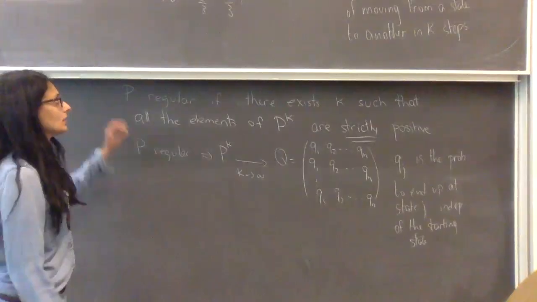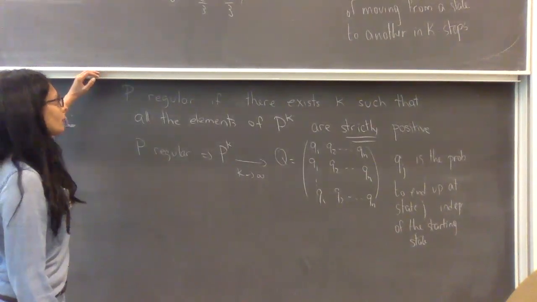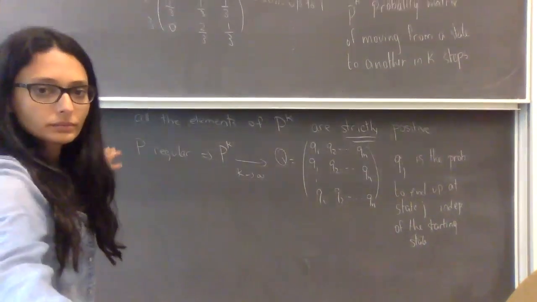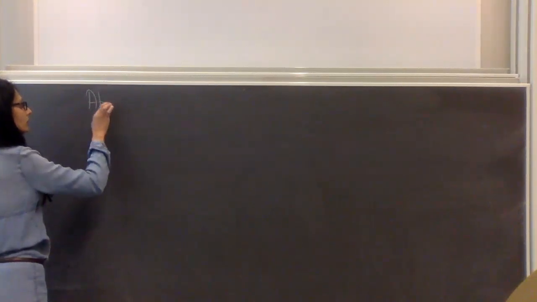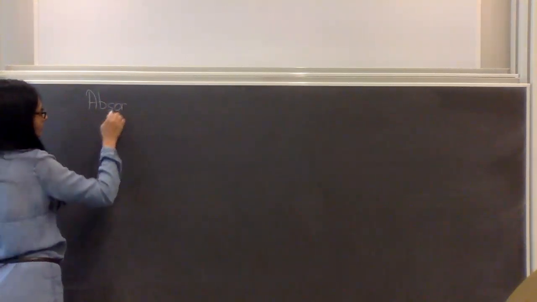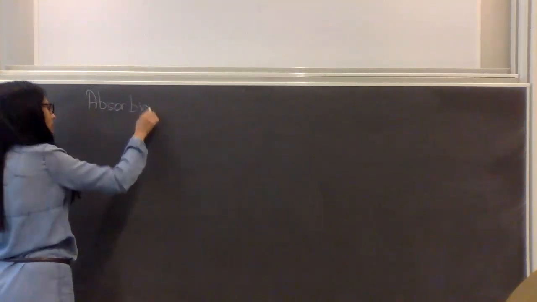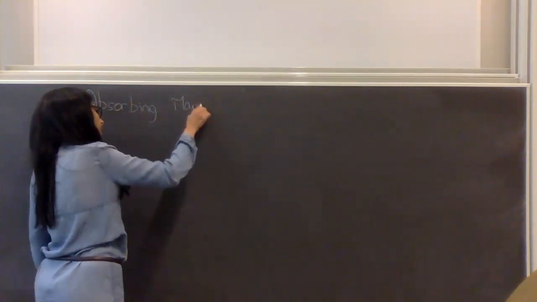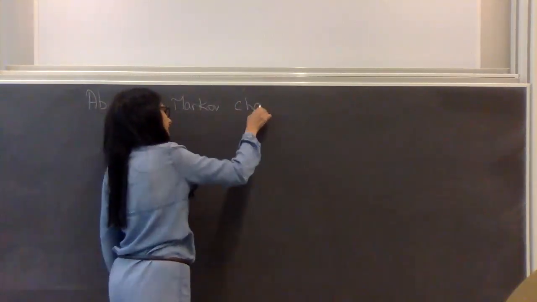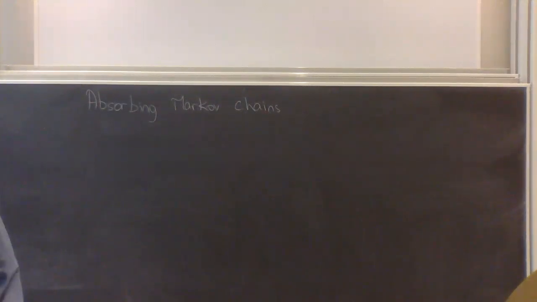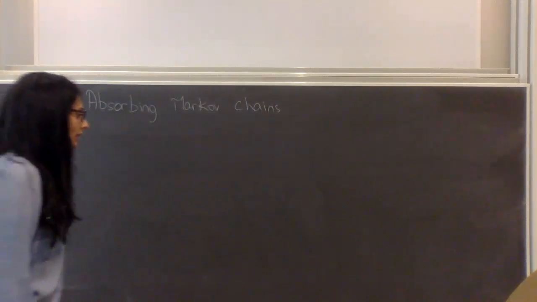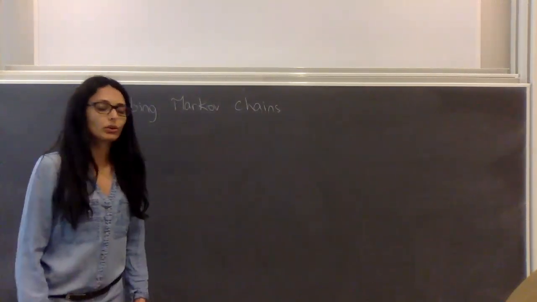And then we will see also the absorbing Markov chain. A Markov chain is said to be an absorbing Markov chain if it has absorbing states.